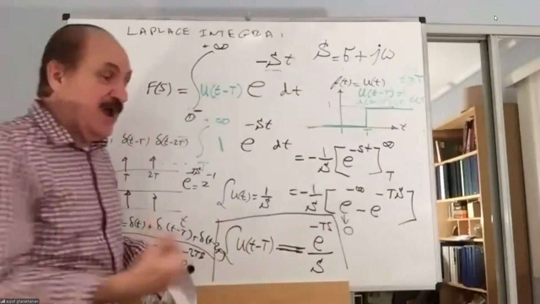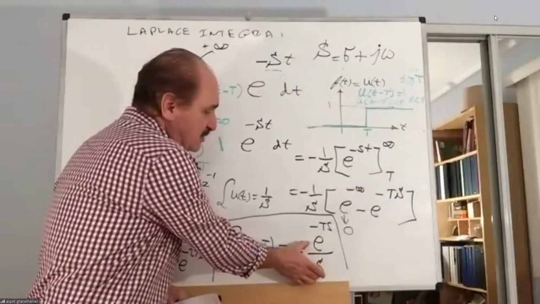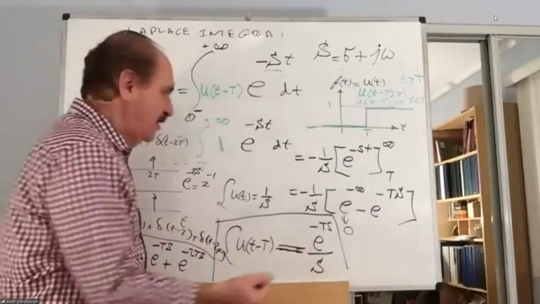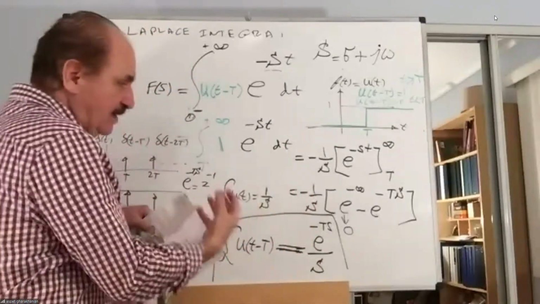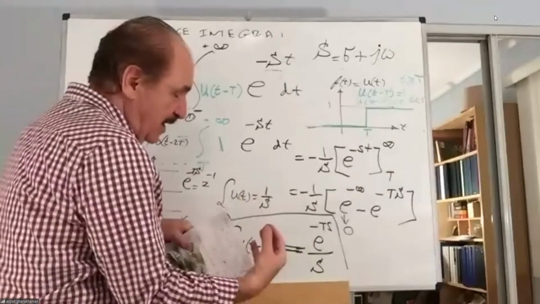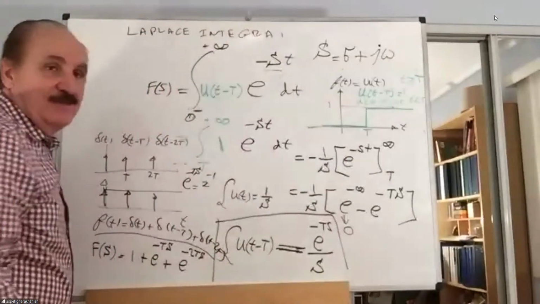It accounts for time shifting in the time domain. So you take the same old Laplace 1 over s of the step, and you simply multiply by e to the minus Ts.